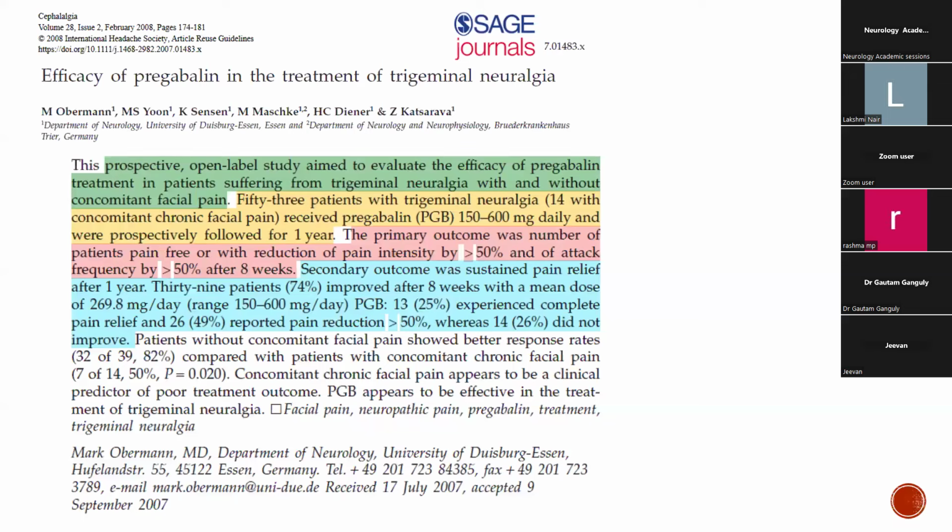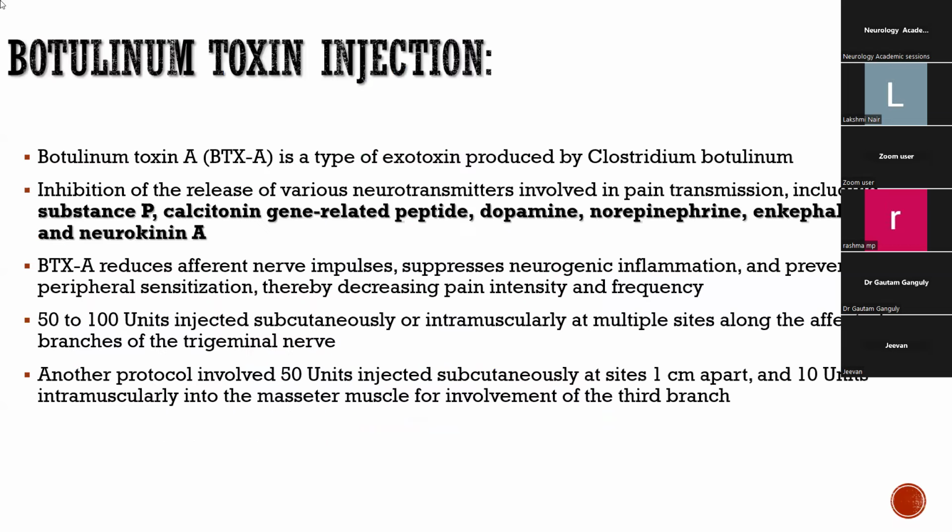The primary outcome was the number of patients pain-free or with reduction of pain by more than 50%, and the secondary outcome was sustained pain relief after 1 year. They found that patients without concomitant facial pain showed a better response rate to pregabalin compared to patients with concomitant chronic facial pain, with a significant p-value.